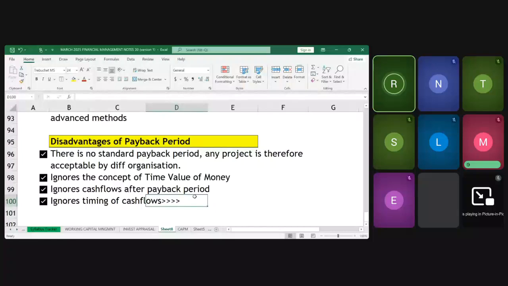So if it is construction, in 6 months' time, you are still investing money into your construction. You haven't got any cent back.